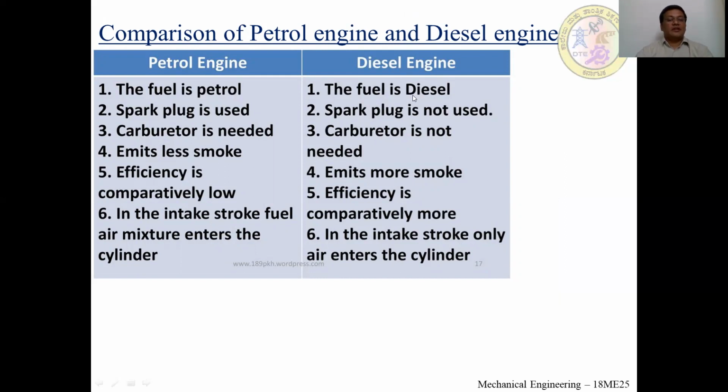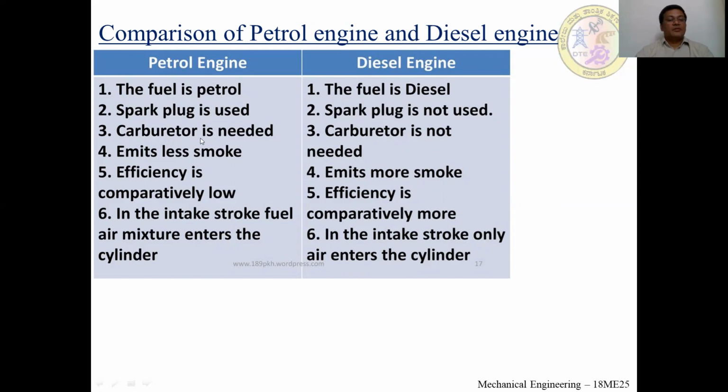The second difference is that a spark plug is used in the petrol engine, since it is an SI engine, to initiate the combustion process, whereas in a diesel engine the spark plug is not required.